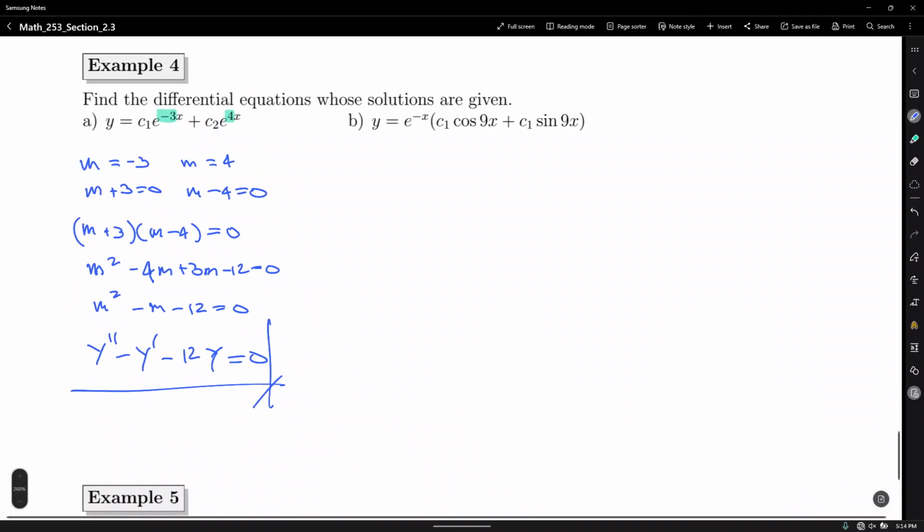What about when it comes to a case where we have linear combinations of exponentials with trigonometric functions? Well, by looking at this solution, look at the coefficient of the exponential and the coefficient of the angle in the trigonometric function. So this tells us alpha equals -1, and this also tells us beta equals 9.